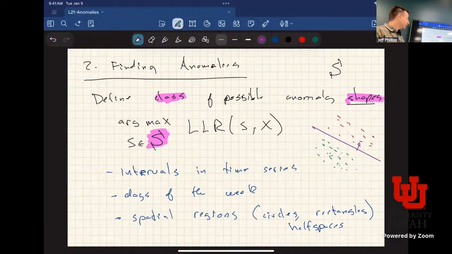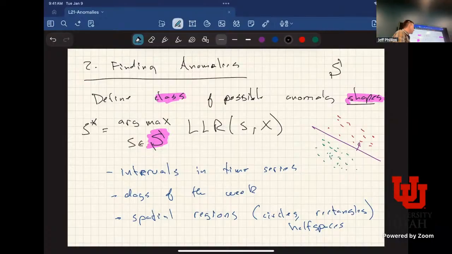So you need to find a family of shapes. To define an anomaly, I would say S star, the most anomalous region, is the argmax of this. I want to maximize the log likelihood ratio or some other function. I could define some other function that says, if S is an anomaly with respect to my data set X, then this function should be large.